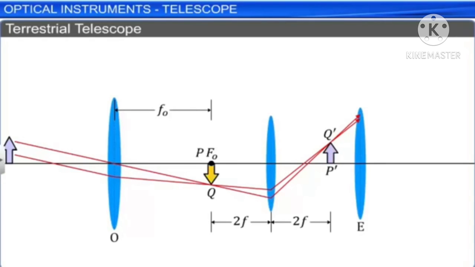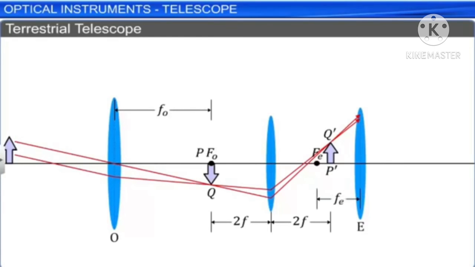If the object distance with respect to the eyepiece is less than its focal length, then a virtual image P''Q'' is formed. The final image is erect and magnified since it creates a larger visual angle at the eye.